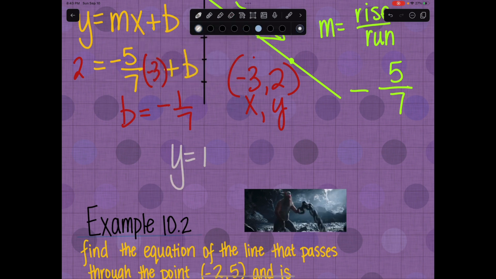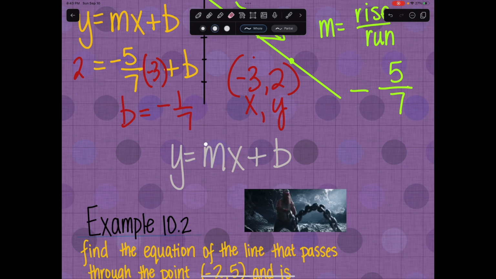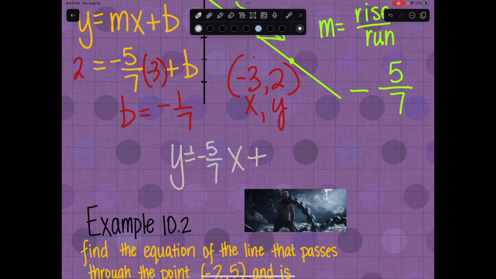Y equals mx plus b. Instead of m, I'm going to write -5/7. Whoops, -5/7. And instead of b, I'm going to write -1/7. I'm just going to change that plus to a minus.